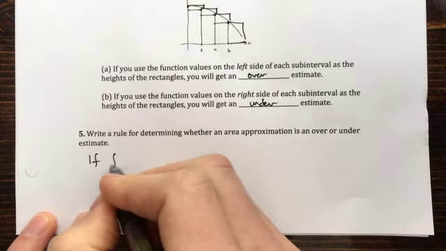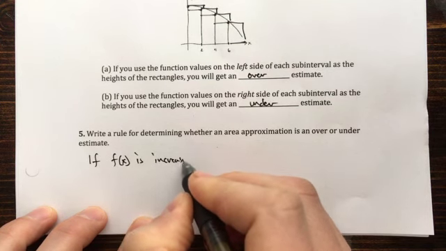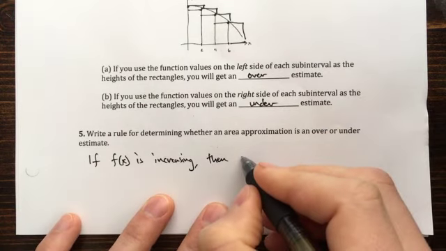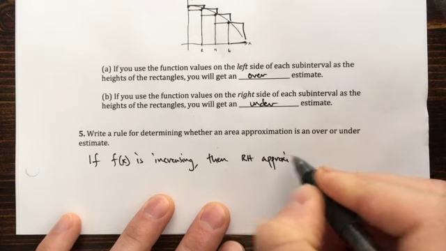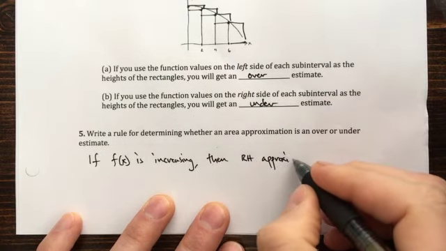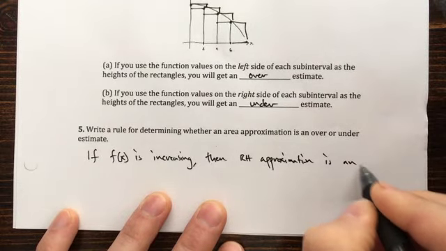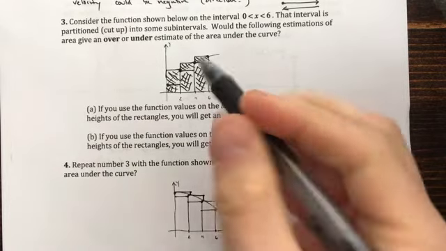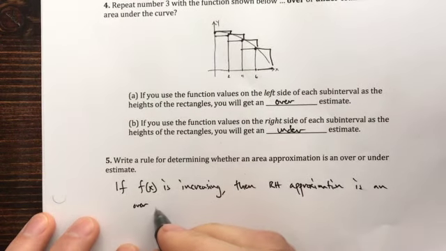So we could say if f of x is increasing, then what we call a right-hand approximation, in other words, using the function values on the right side as the heights of the rectangles, so right-hand approximation would be, and let's see here, so if it's increasing, then the right hand is an overestimate because we took values that are higher.